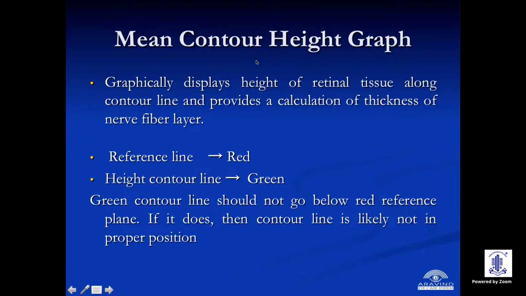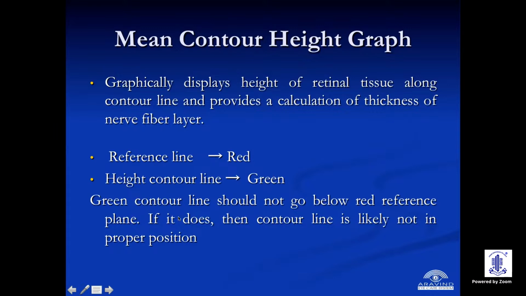So the mean contour height graph is something which comes out in an HRT printout. It graphically displays height of the retinal tissue along the contour line, and it provides a calculation of thickness of the nerve fiber layer. The reference line is red, and the height contour line is green in the HRT printout. The green contour line should not go below the reference plane.